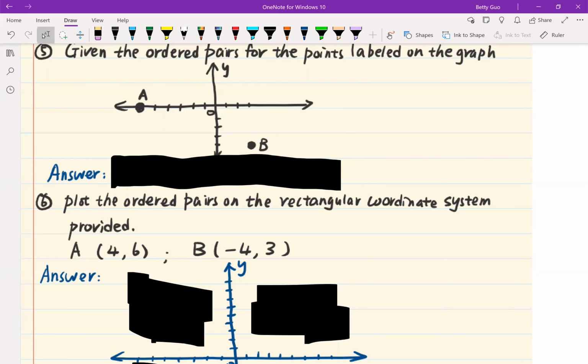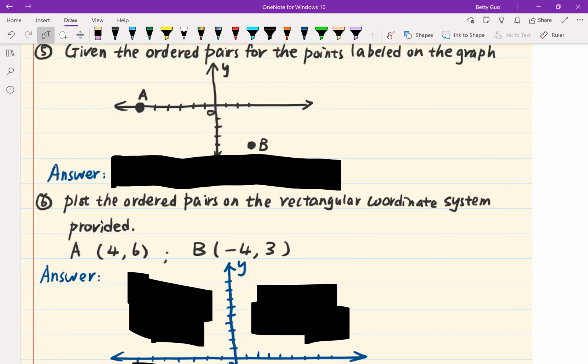Number 6, you are given 2 ordered number pairs. You need to find their corresponding points. You see what I'm talking about here? Number 6 is the opposite: you need to plot them in the rectangular coordinate system. Those 2 problems are about the same topic.